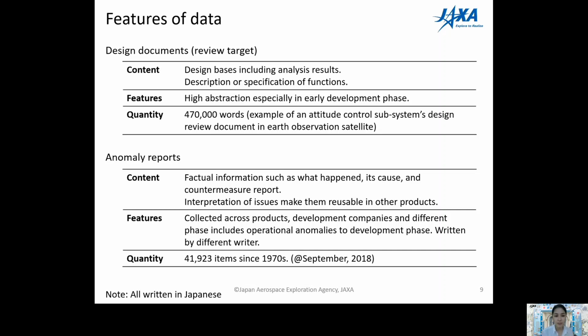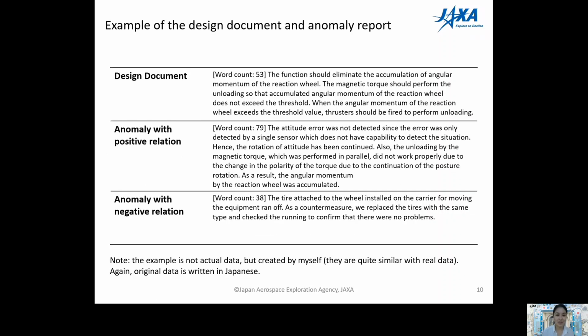The quantity of anomaly reports is 41,000 items since the 1970s. So we want to search for appropriate anomaly reports from this quantity. And yes, we need to say that it's all written in Japanese.